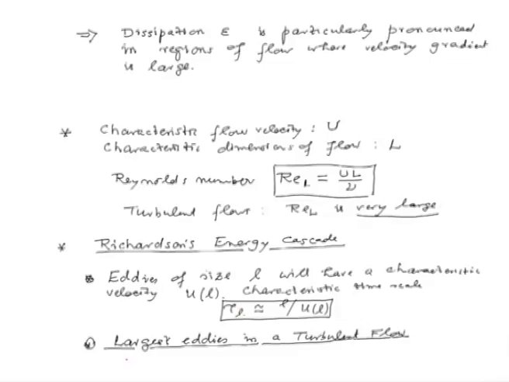So, the length scale of this largest eddy, let us denote it by L0. L0 would be of the same order as our characteristic length scale of the problem, capital L.